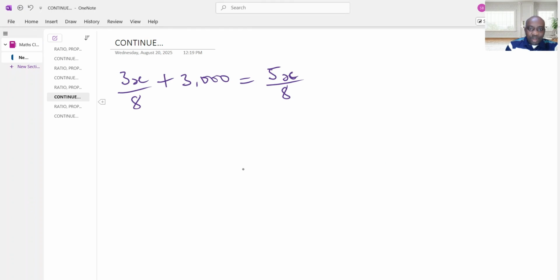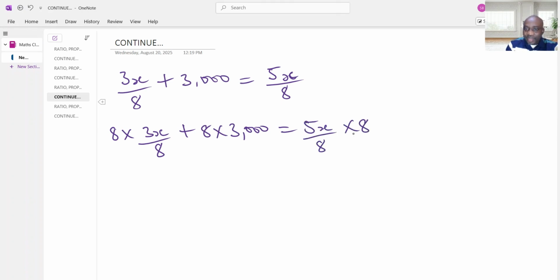Now this is our question. Like I said, we are going to multiply each term by the denominator, which is the LCM, 8. Now, 8 multiplied by 3x divided by 8 plus 8 multiplied by 3,000 equals 5x divided by 8 multiplied by 8.